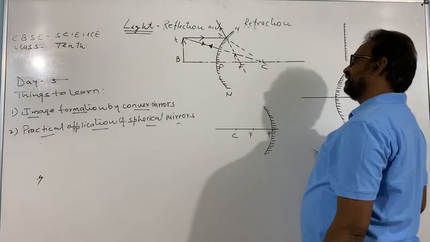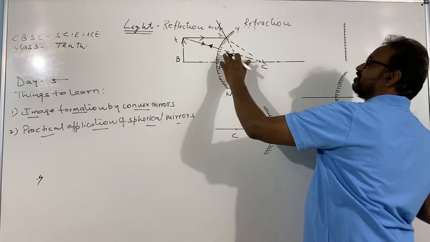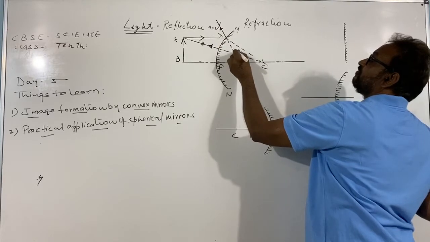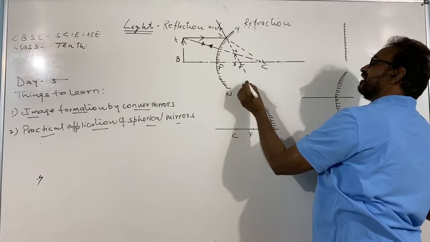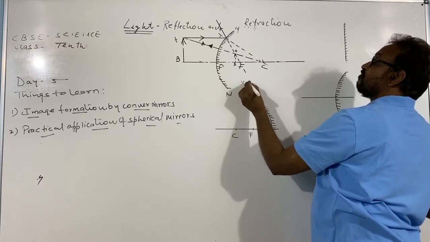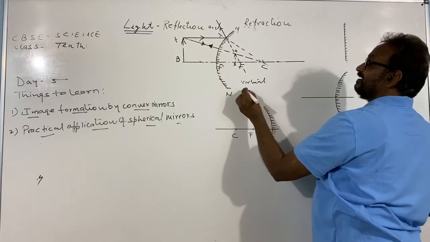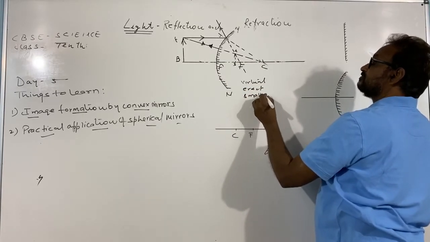Now you can see that these rays are not actually diverging from this point. They are appearing to diverge from this point. Therefore, the image formed by the mirror is not real, rather it is virtual. You can see it is erect and smaller.